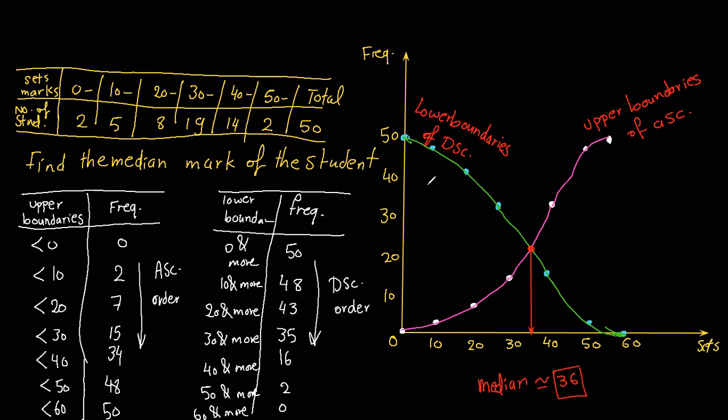Okay, this is the median of the marks depending on the curve and the two tables of lower boundaries and upper boundaries. So we want to have another example depending on the mode.